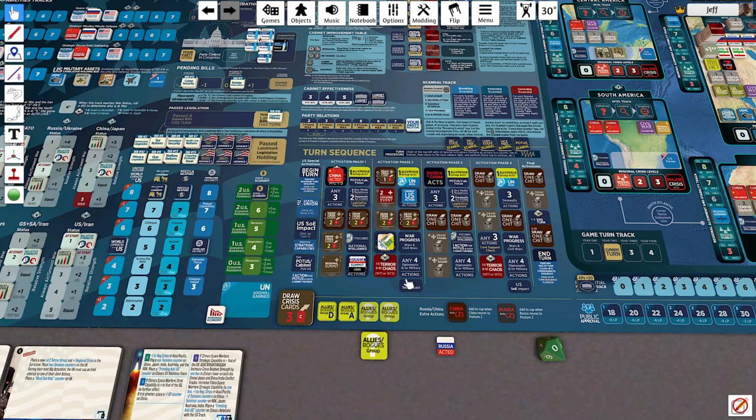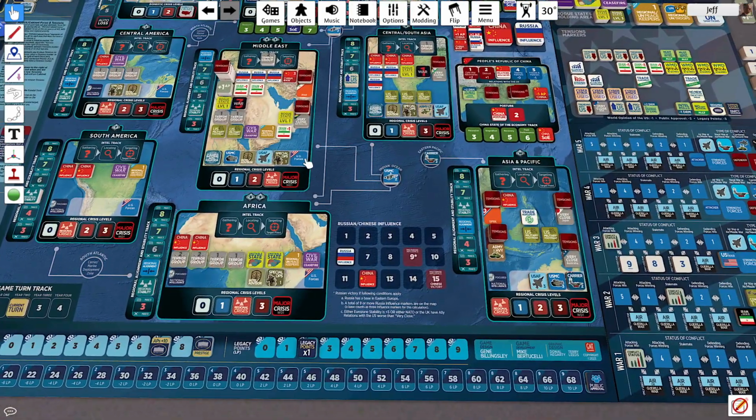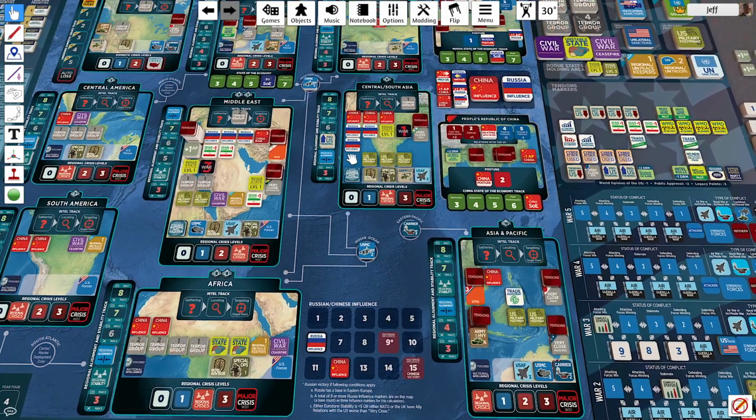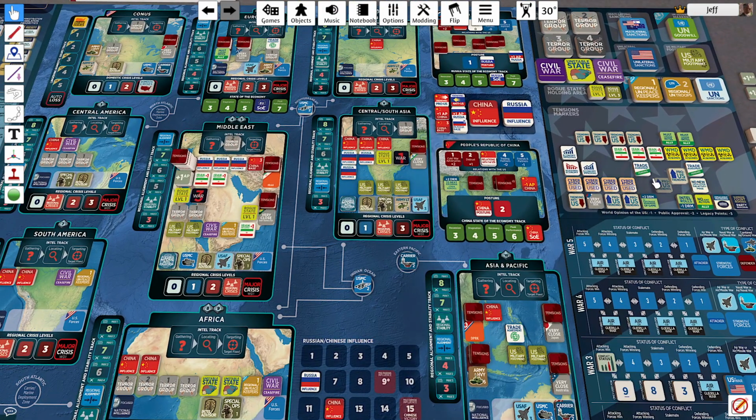And a trending pro-US counter in the region. +1 party relations as well. Okay, before I move any units, this, of course, is triggering. So we finally move the alignment up.